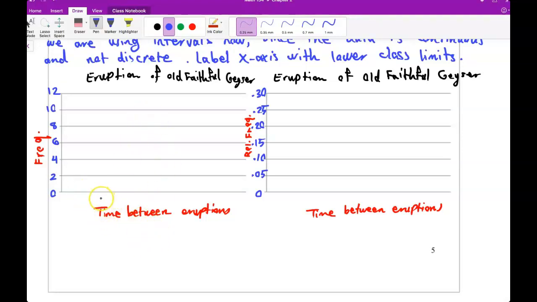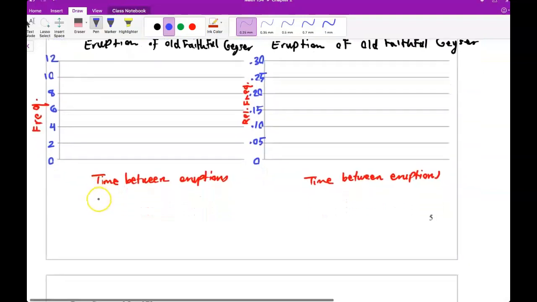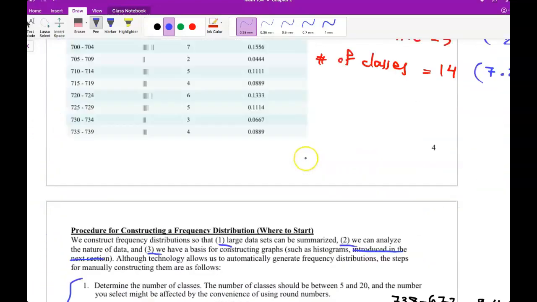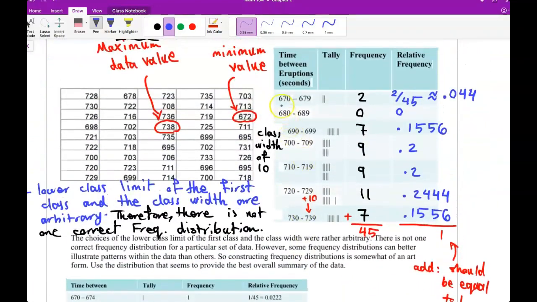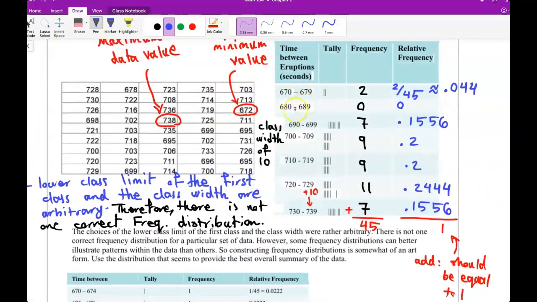Okay, now writing our classes here. As you can see, that is 0, so I'm not starting from that part because our classes start from 670. Lower classes starting at 670. So I'm gonna write all these classes.